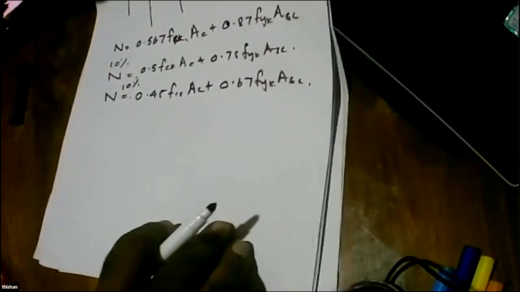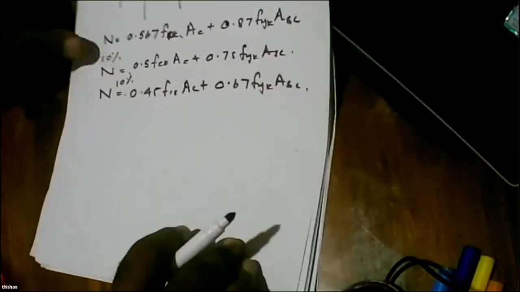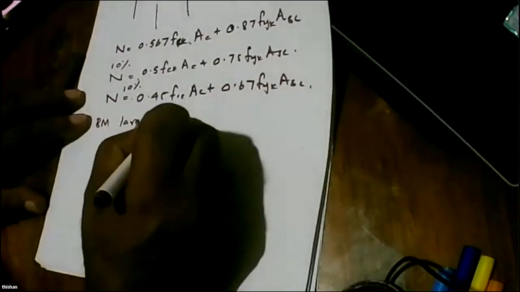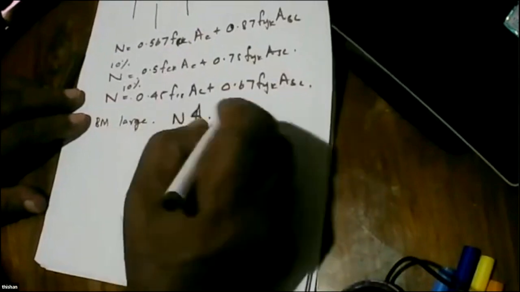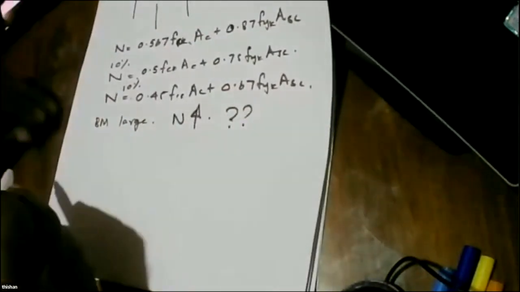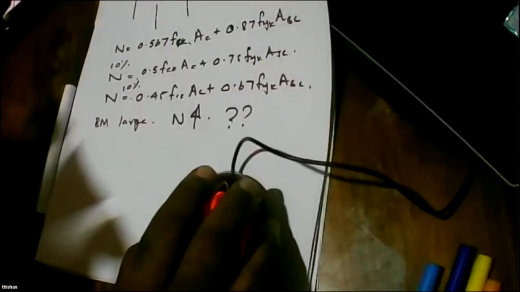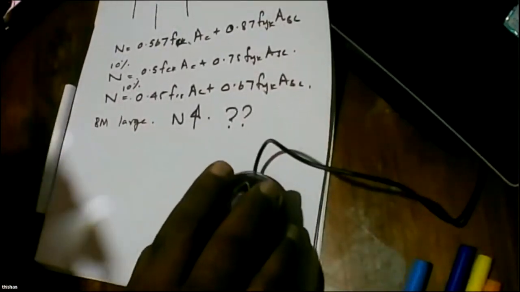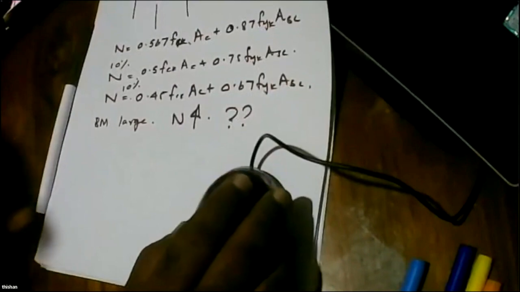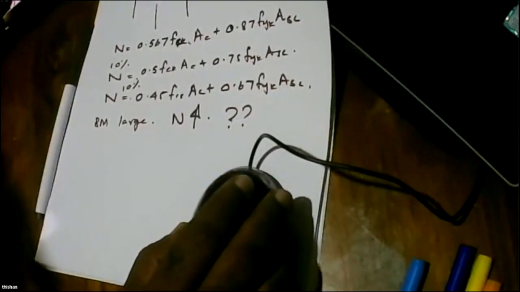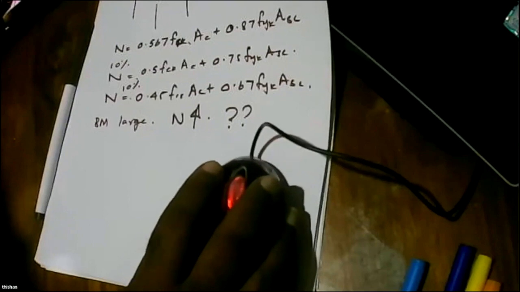But this is good when the column is subject to small moments. If the bending moment is large and the axial force is large, what to do? I'll explain what you are going to do, because I think the last time I did not show you this interaction chart. The column interaction chart is given in BS 8110 part 3, and similar charts can be found in another document.